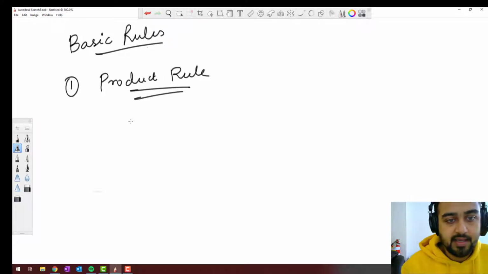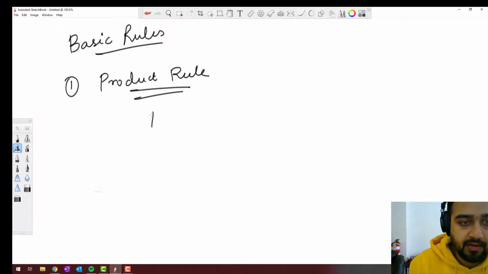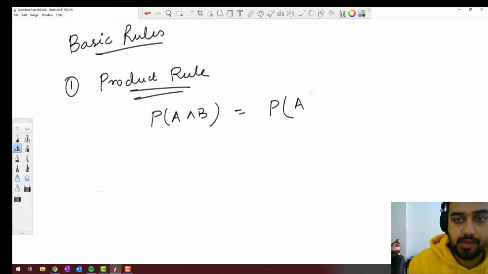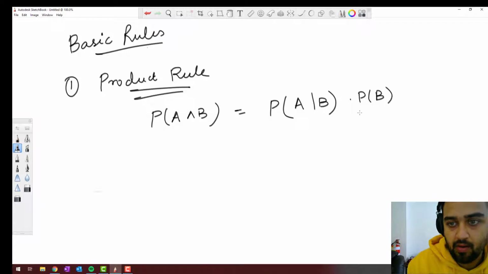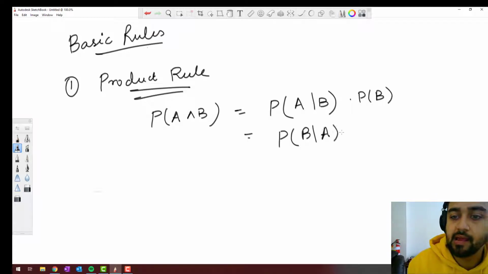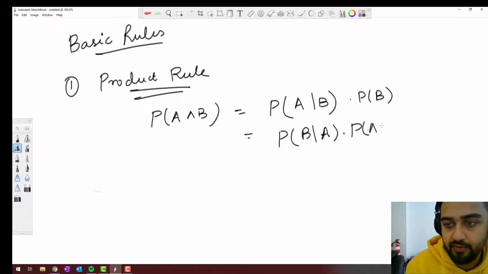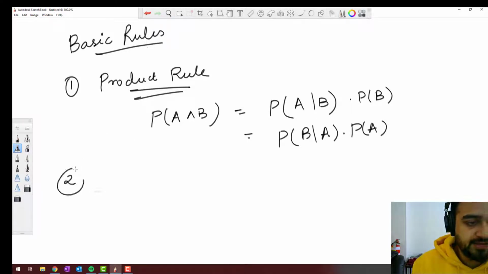The product rule says that if you have P(A and B), this is given as P(A given B) multiplied by P(B), or this can also be written as P(B given A) into the prior probability of A. Similarly, that gives us our second rule, and that is the sum rule.